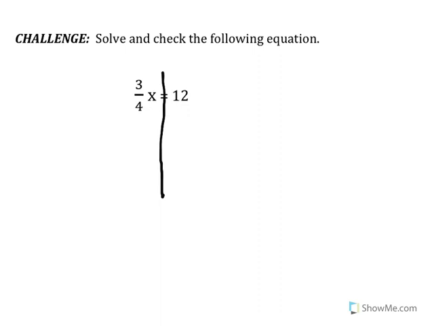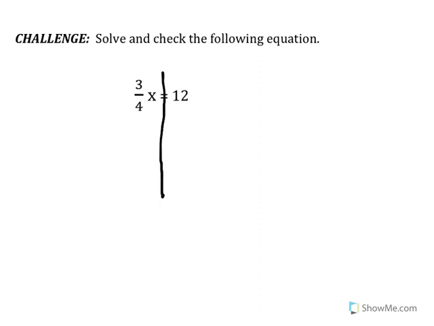3/4 next to x represents multiplication, because I could rewrite this as 0.75x equals 12, because 0.75 and 3/4 are the same thing. What confuses people is that they see a fraction, so they think that division is happening. There's really no division happening between the number and the variable.